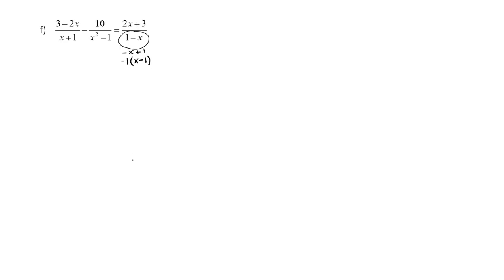Now if I were to bring that negative 1 out front and think of it as 2x plus 3 divided by negative 1 times 1 over x minus 1, this would change the signs of the numerator. So I can distribute that negative through to both terms in the numerator and leave the denominator as an x minus 1. This is what I'm going to do in the next step.